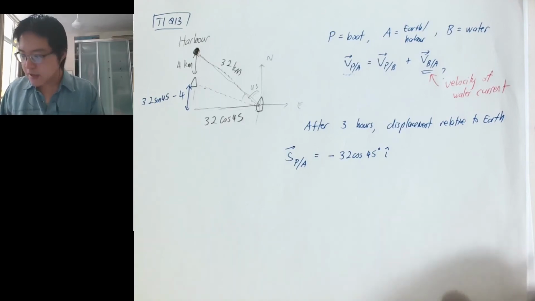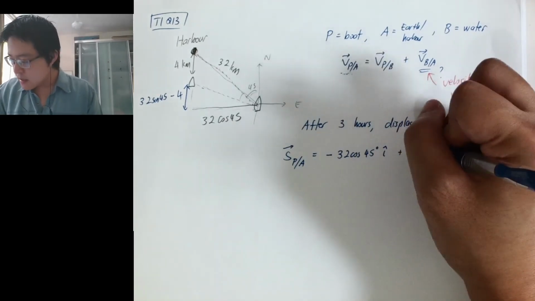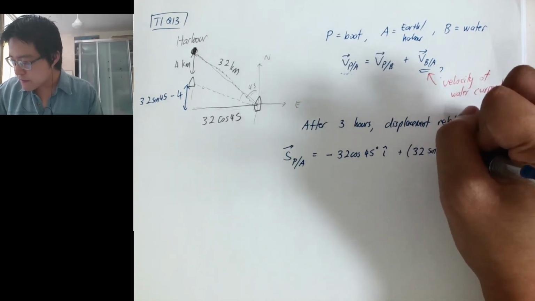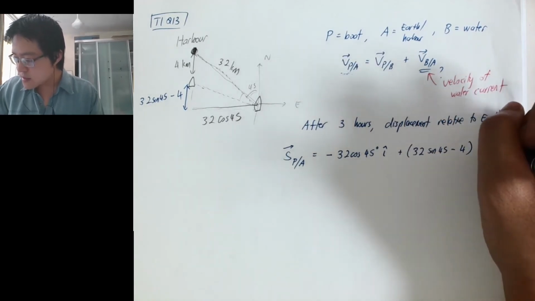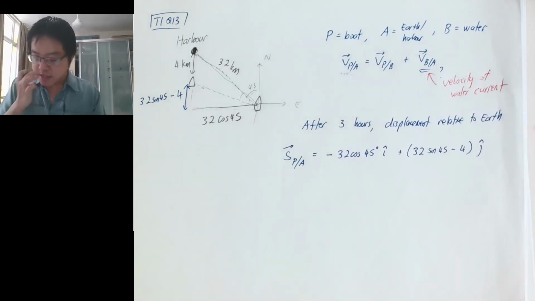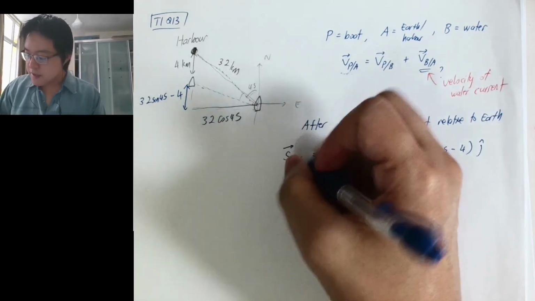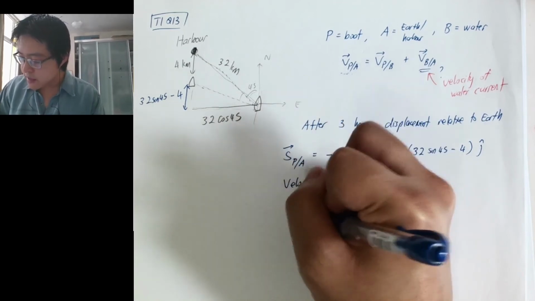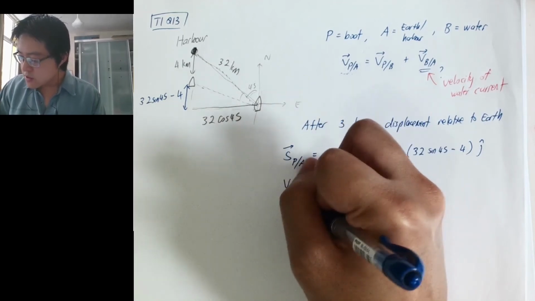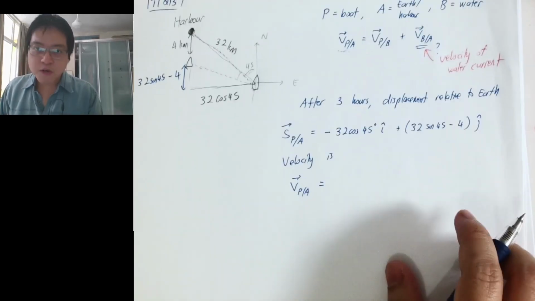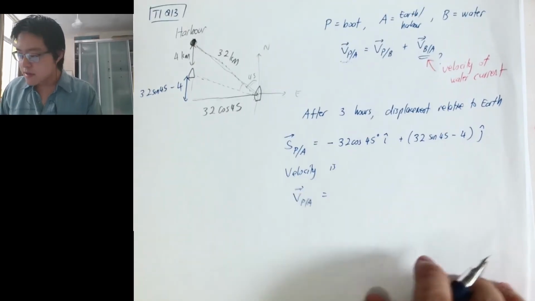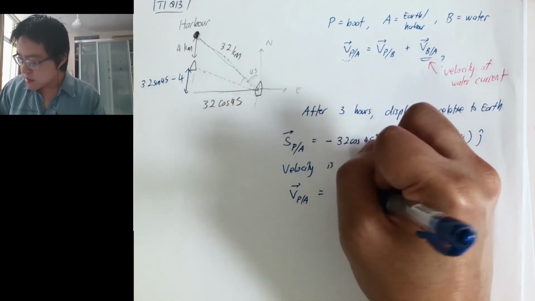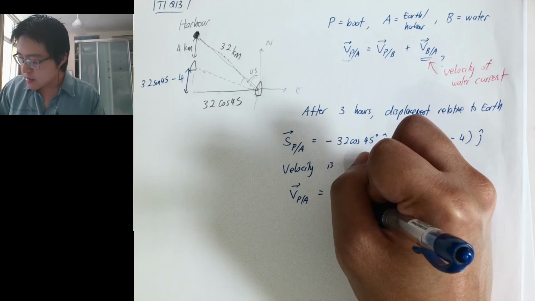Okay, so hopefully everyone is agreeing with this. If not, you can ask me to elaborate. Sine 45 minus 4 kilometers, in the j direction. So therefore the velocity is V PA. We are talking about relative motion, and most relative motion questions have constant velocity. So we just take the total displacement divided by the time, which is 3 hours.